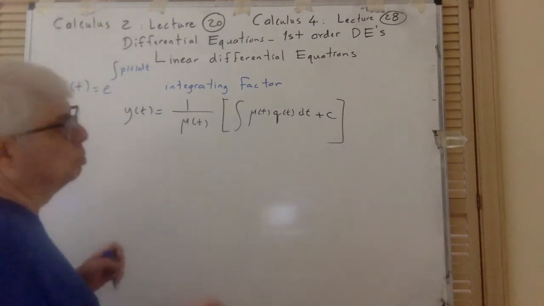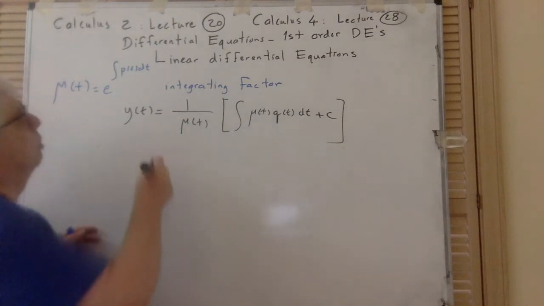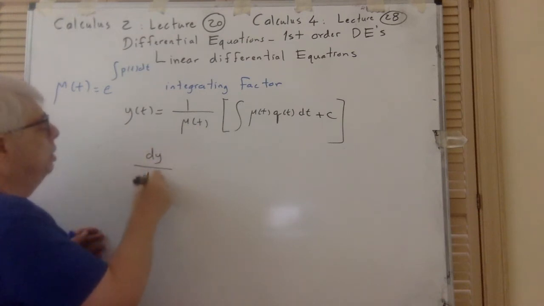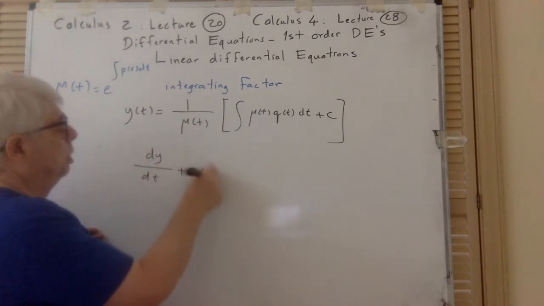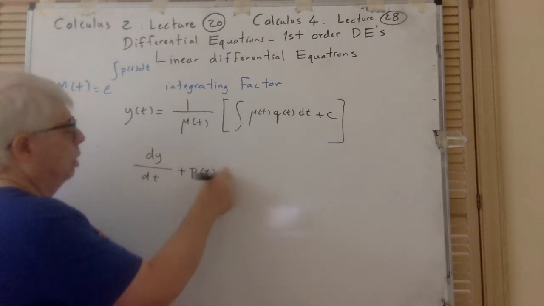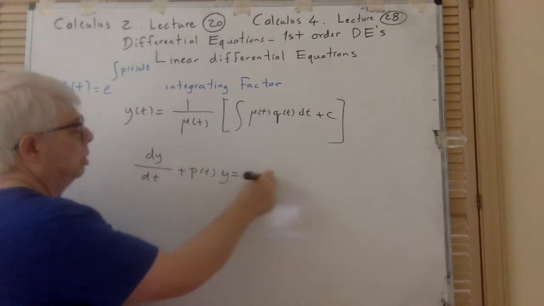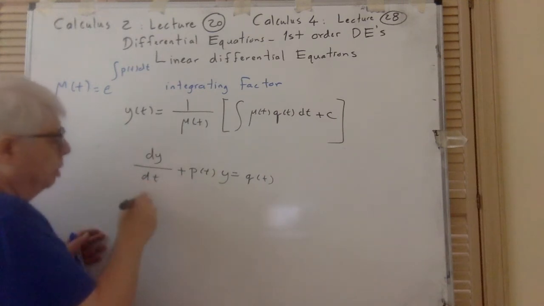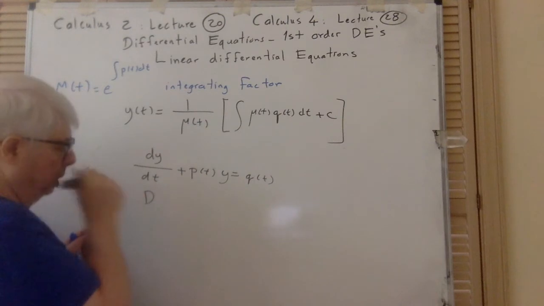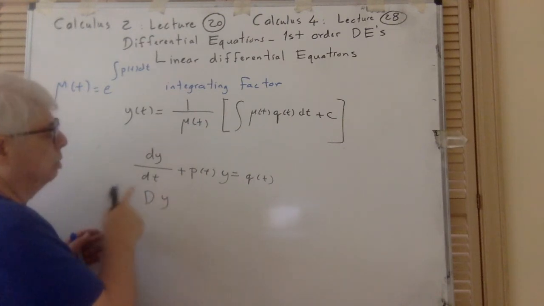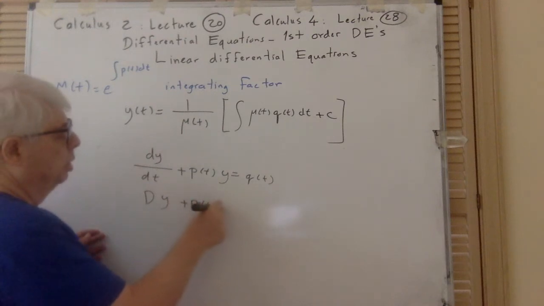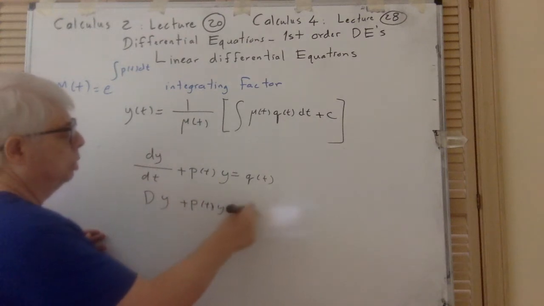Let me give a few, like 1 minute or so. So the equation was dy dt plus p t y equals q t. Remember I wrote the derivative as D, so D plus p t y equals q t.